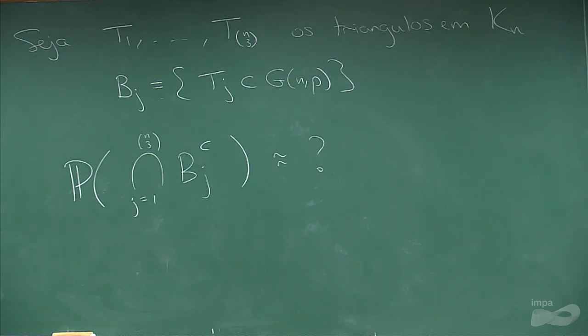You go along, asking the first triangle, are you there? No. Second one, no. Third one, no. Fourth one, no. As soon as you get a yes, you can stop, because there is one. But as long as you're getting no's, you want to know the probability of the next no.